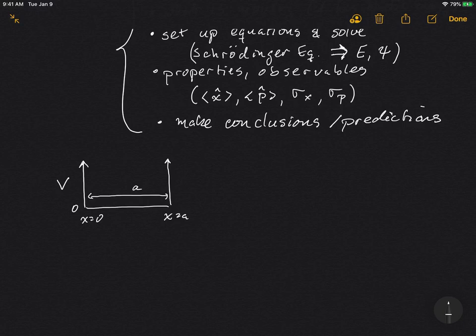So we have some box, can't let the particle escape from the box, therefore we have to set up an infinite potential barrier at the edges of the box that essentially, if the particle tries to go outside the box, it experiences an infinite force returning it to the box. But that infinite force is only incident over a tiny infinitesimal region, so it doesn't accelerate the particle. It just bounces it back, basically.